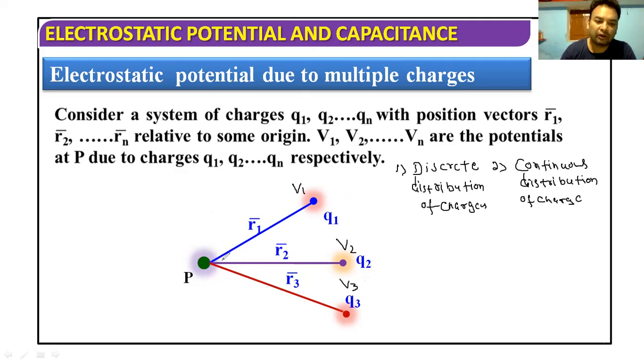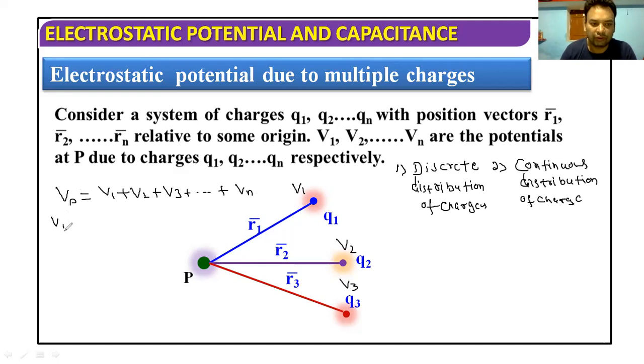The overall potential at point P will be the algebraic sum of all these potentials. So very simply, the total potential at P, Vp, is equal to V1 plus V2 plus V3, and for the nth charge we get Vn.